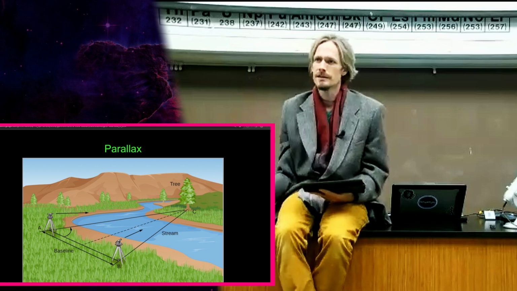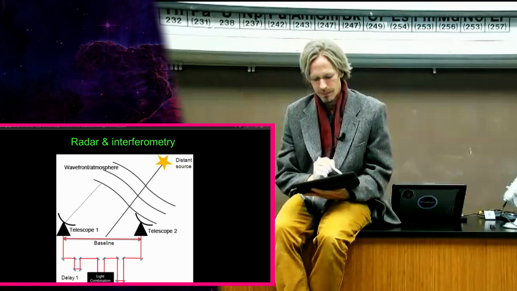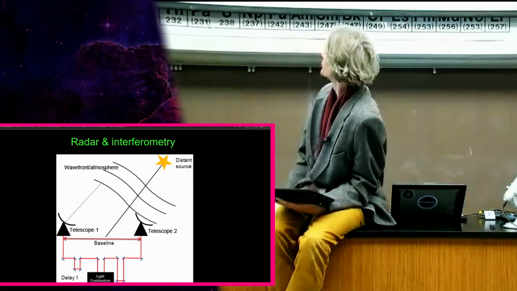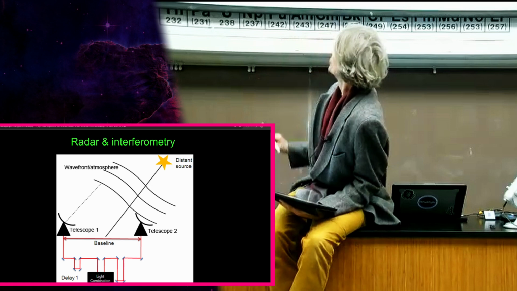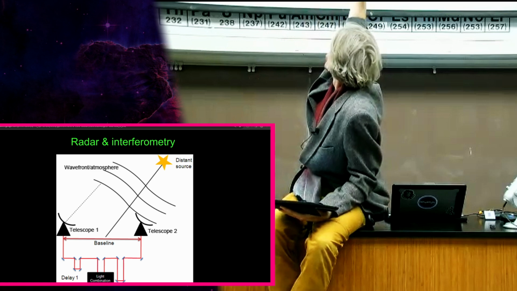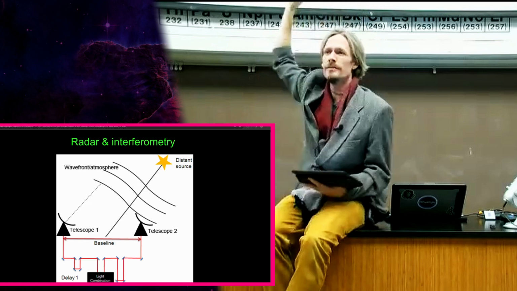So to answer your question, let's see if we can go back to that. When we're talking about interferometry, which is what this is called, what we're actually doing is we're setting up a baseline. We measure, in some sense, when this light wave is arriving.